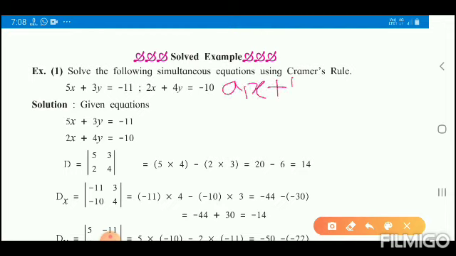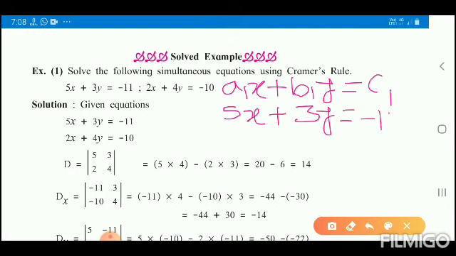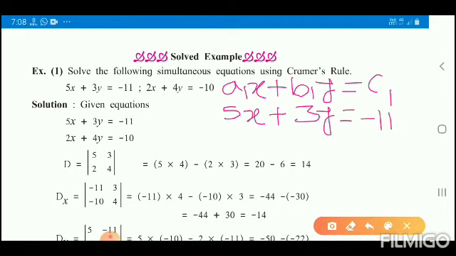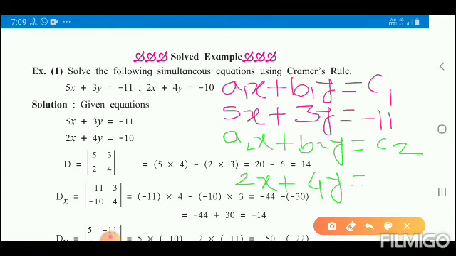a1x plus b1y is equal to c1. The first equation is 5x plus 3y is equal to negative 11. This is your first equation. Now the second equation, a2x plus b2y is equal to c2. So the equation is 2x plus 4y is equal to negative 10.